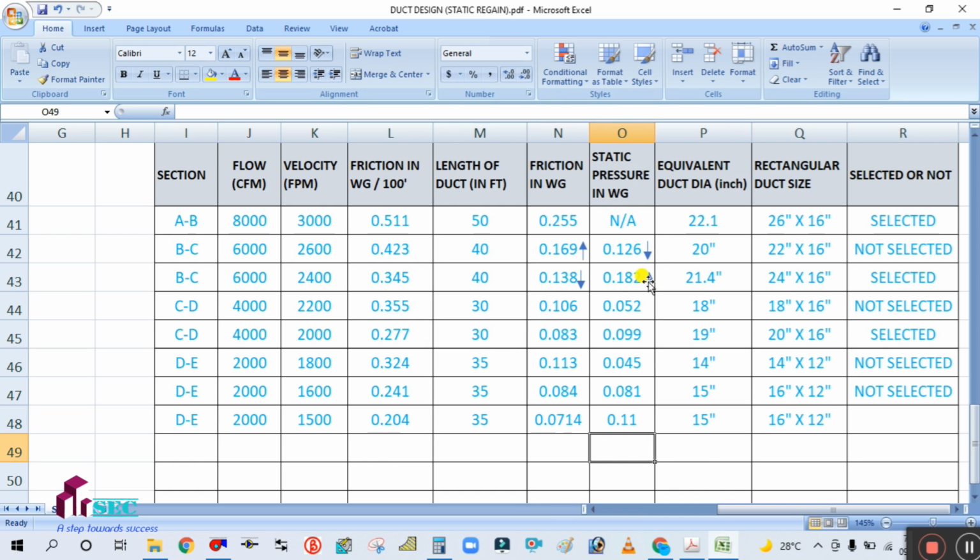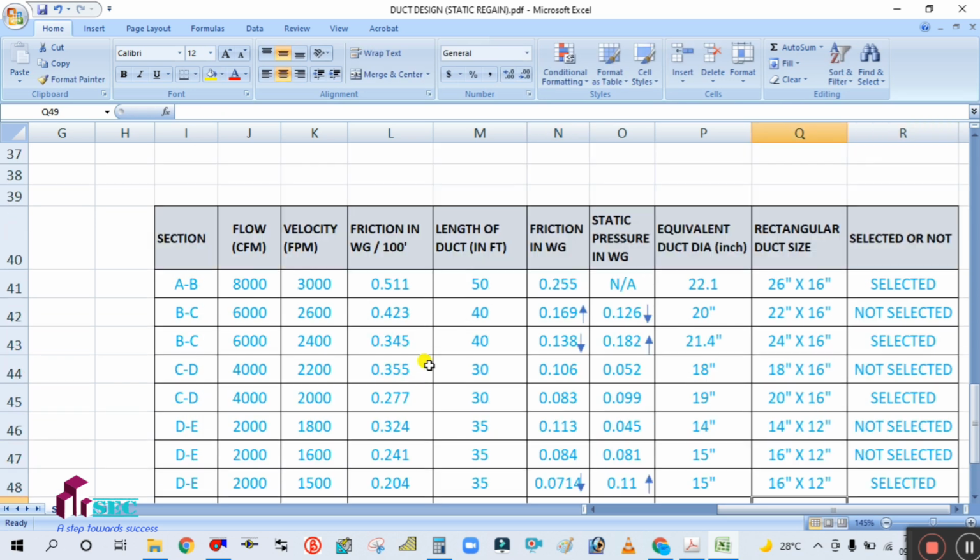Simply copy this one and put it here. This is higher than this one. Now again copy this and place it here. The friction loss is less and the static pressure is higher, so this duct is selected.